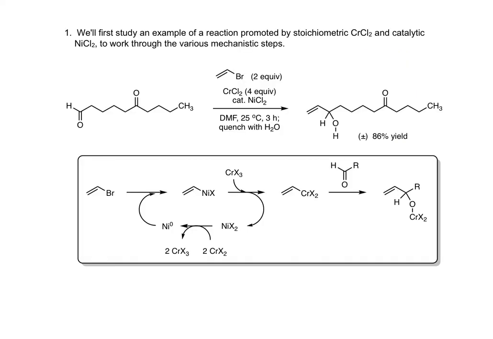An example from Nozaki and Hiyama is shown on the next page of the worksheet. Last semester, you learned how an organic bromide would undergo oxidative addition with magnesium to give the corresponding organomagnesium bromide. In this reaction, a ketoaldehyde is mixed together with the organic bromide, chromous chloride with a catalytic amount of nickel chloride, and in a polar aprotic solvent such as dimethylformamide or DMF, this reaction is complete within 3 hours.